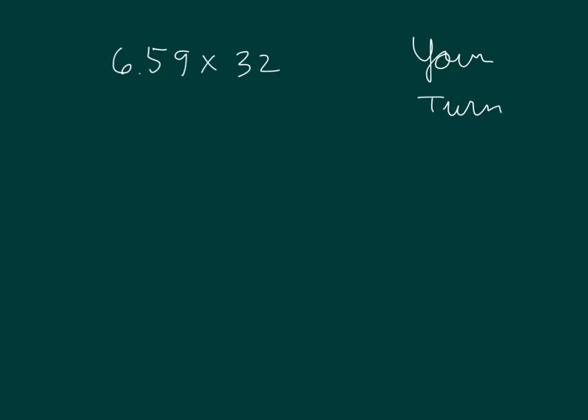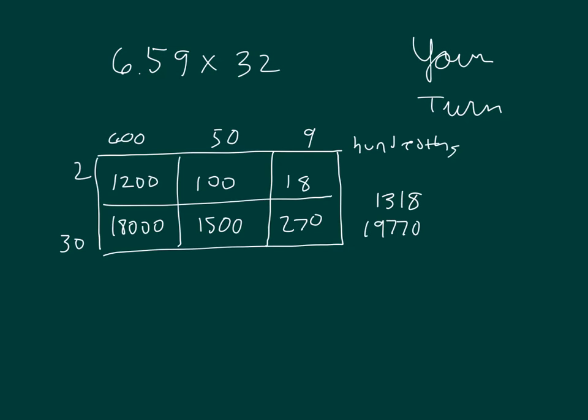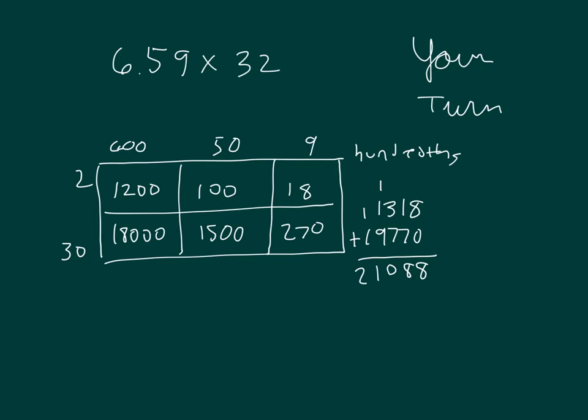Okay, it's your turn. Work out an area model and standard algorithm. There's your area model. Adding those together, we get 21,088 hundredths.